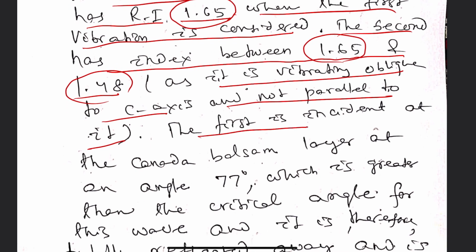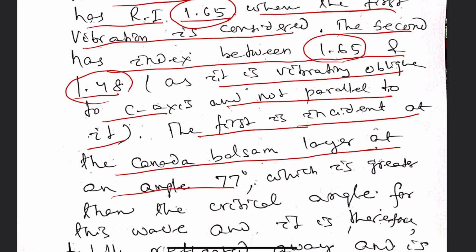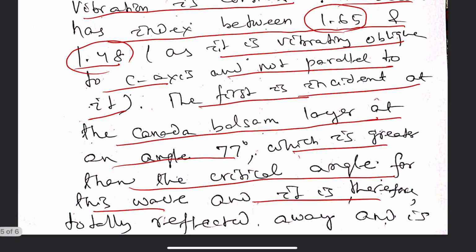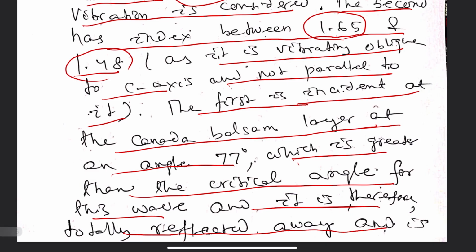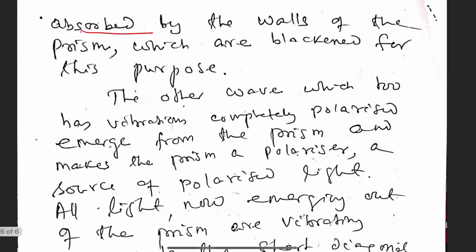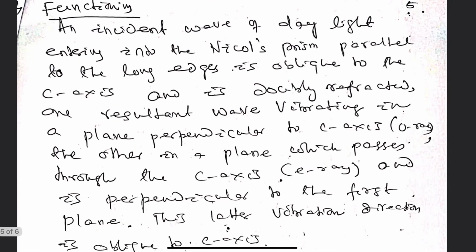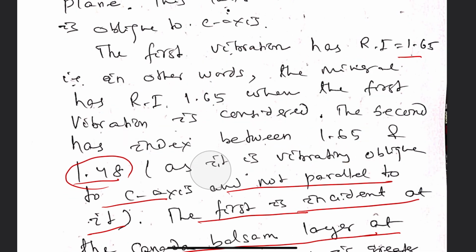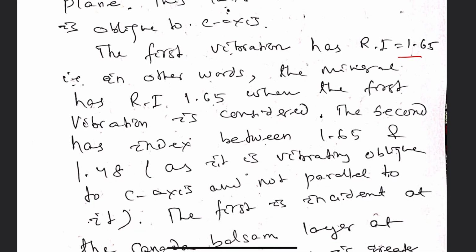And the first wave, that is the O ray, is incident at the Canada balsam layer at an angle of 77 degrees, which is greater than the critical angle for this wave, and therefore it is totally reflected away and is absorbed by the walls of the prism, which are blackened for this purpose. So we have the two rays.